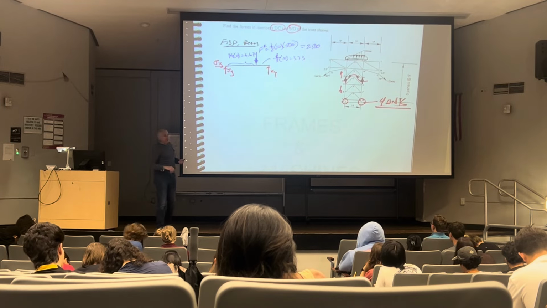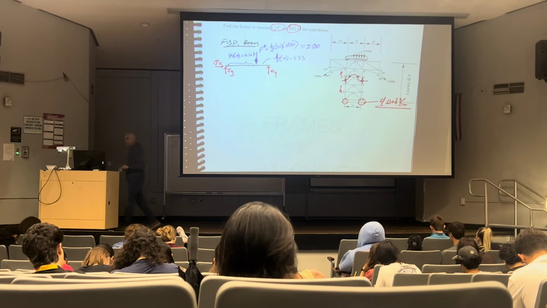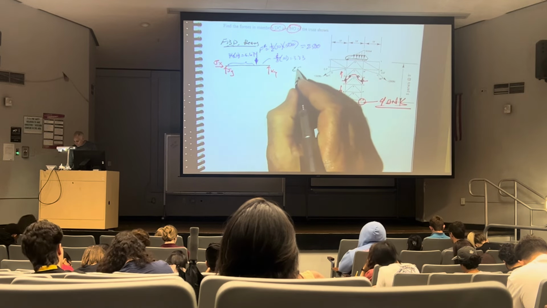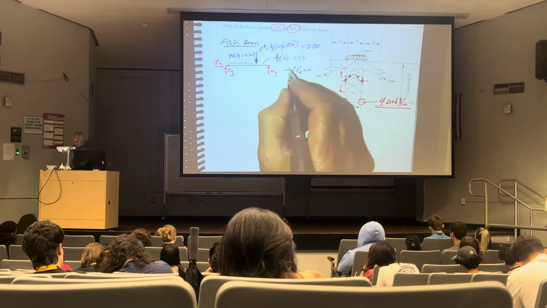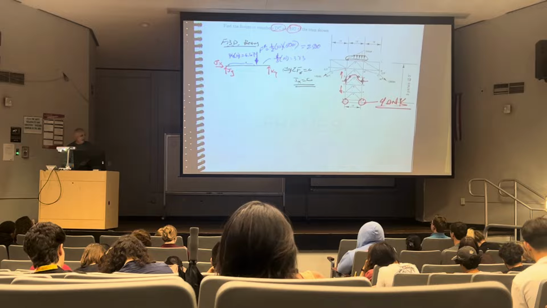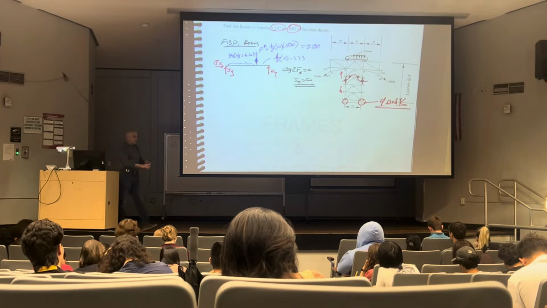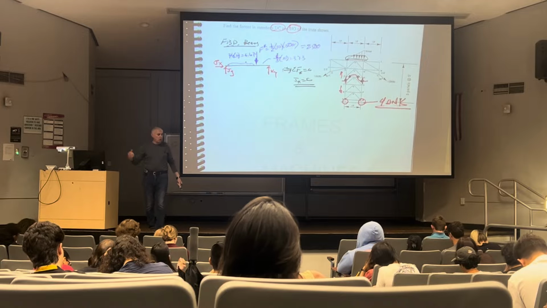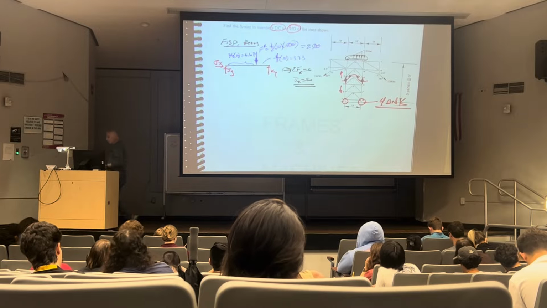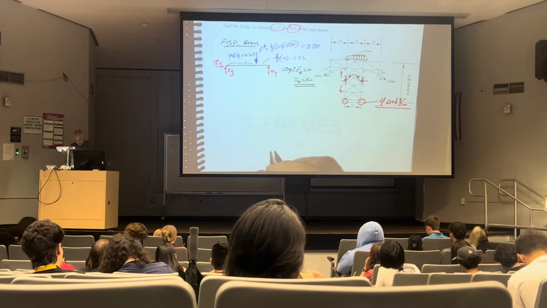Clearly, what is Jx? Sum of forces in the x equals 0, positive to the right, Jx equals 0. Am I shocked? Hell no. Why? Because beams are intended to carry loads perpendicular to their axis.